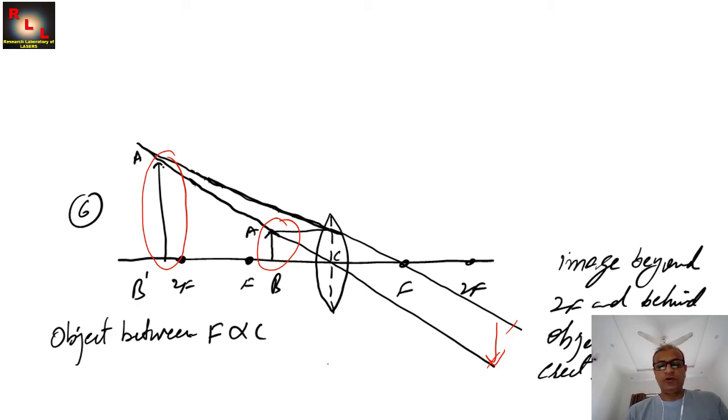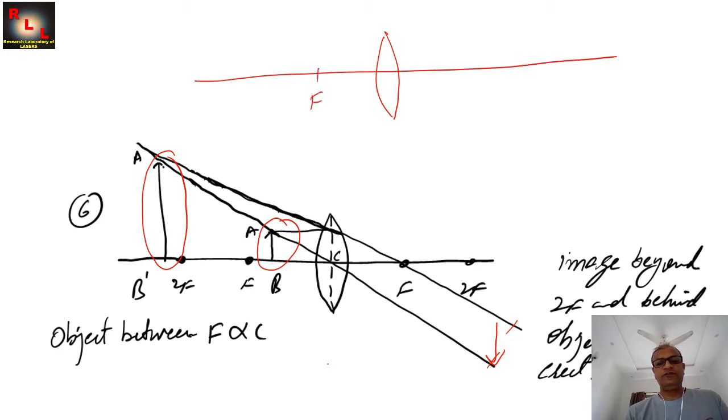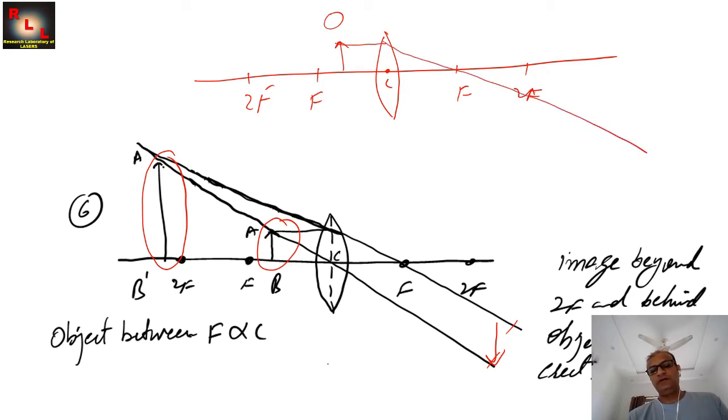So if we draw it, if this is your lens here, this is your F, this is your 2f, and this is C, F, 2f. So if the object is here, this is the object, and as usual it should pass through F here, and the chief ray will pass through here.